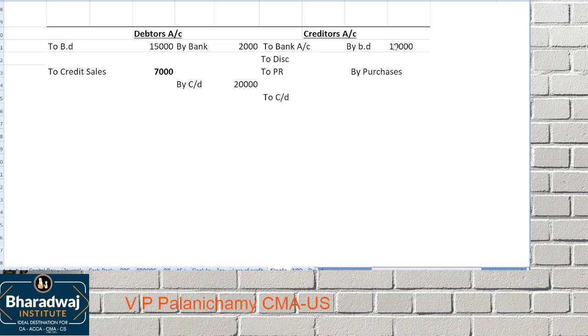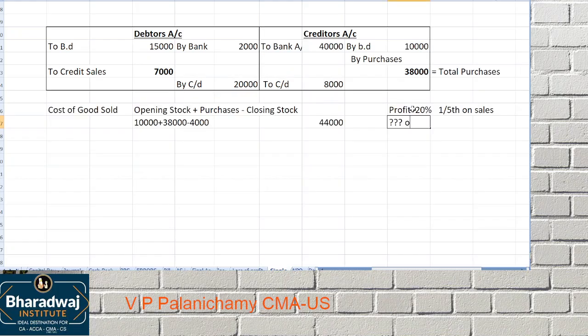What is the profit margin? Profit 20% means 1/5 on sales. 1/5 on sales. How much will be on cost? On cost it will be 1/4. So add profit, 1/4 on cost. Add 1/4 on cost and 11,000 comes.